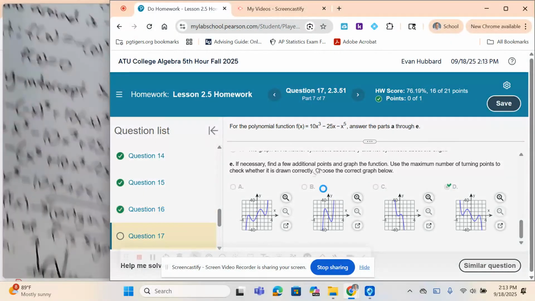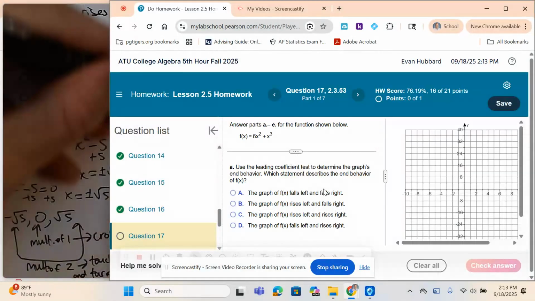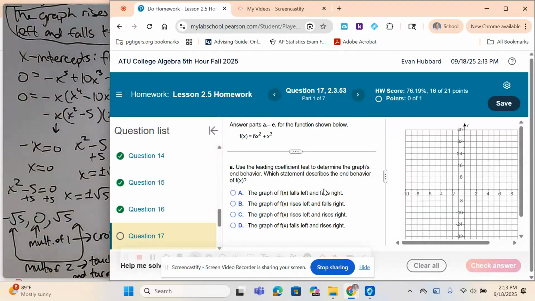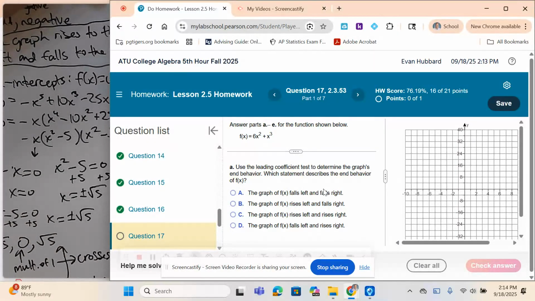Oh my gosh. All right. Let's look at 17. Use the graph. So f of x equals 6x squared plus x to the 3rd.